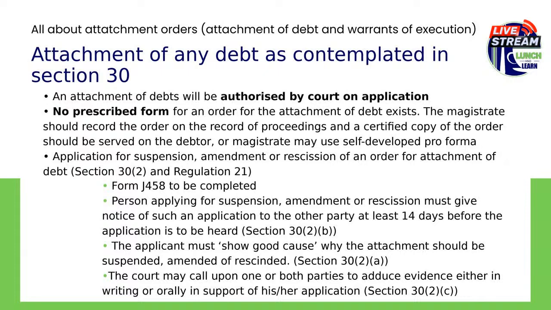Obviously, for example, which we had in my matter, where the builder had to pay the money over, he could also bring an application for the suspension or the amendment or the rescission of that attachment of debt order. There's a certain form that needs to be filled in, the J458, and then he needs to show good cause why the attachment should be amended or rescinded.